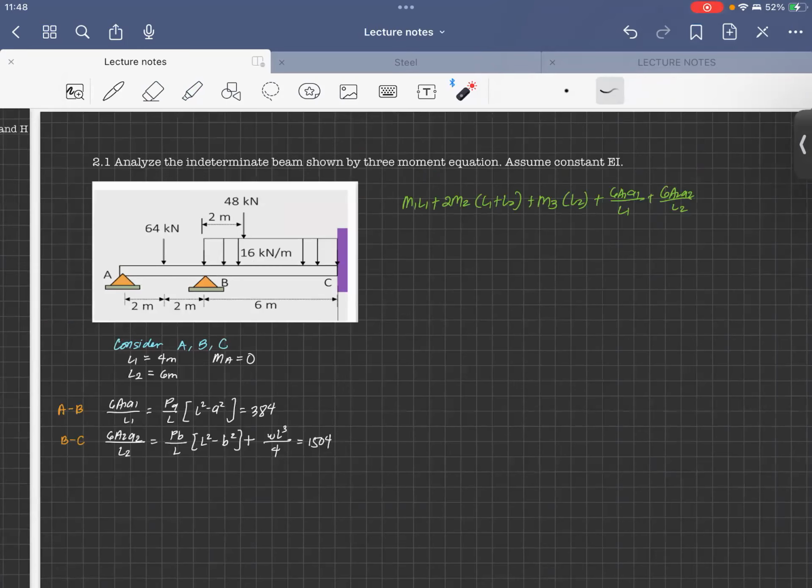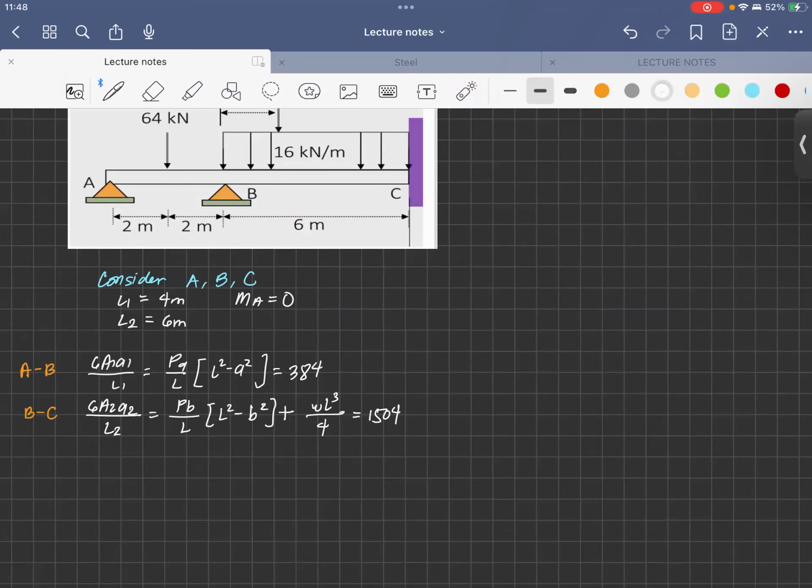I'm going to rewrite the equation as MA L1 plus 2MB (L1 plus L2) plus MC times L3 plus 6A1 bar A1 over L1 plus 6A2 bar A2 over L2 equal to 0. And then just substitute the values. So I'm going to cross this one out kasi MA is 0.